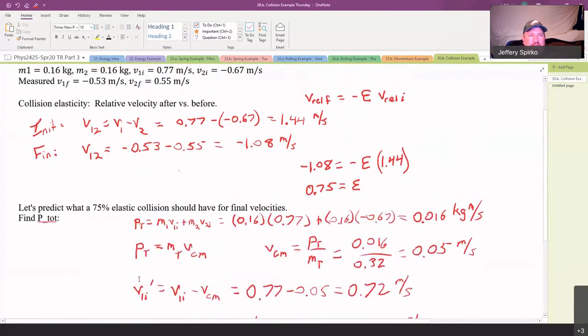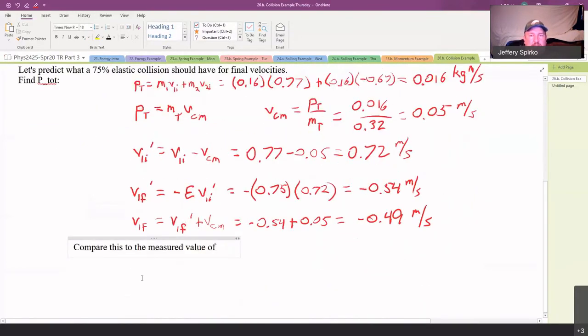And compare this to the measured value of minus 0.53 meters per second. And there's about a 10% difference here. It's not that bad.